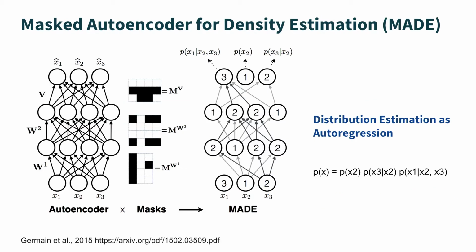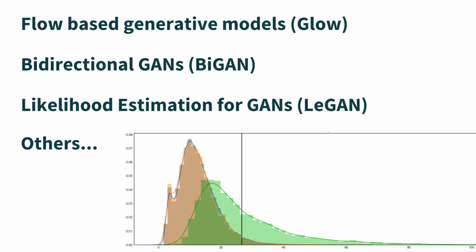Masked autoencoder for density estimation, which I would also skip, and bidirectional GANs. At the end of the day, it's very simple: all those methods try to build a histogram of your training data and a histogram of your production data, and you can figure out what the difference is.